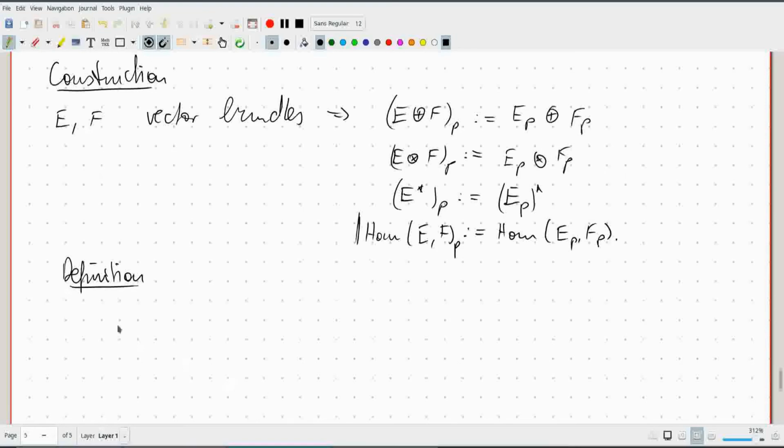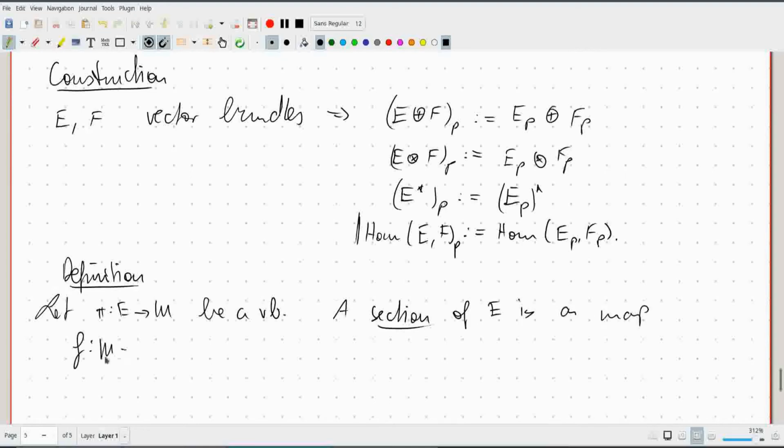Sort of objects that inhabit those vector bundles. Let pi: E to M be a vector bundle; a section of E is a map usually called s from M to E, such that pi after s is the identity on M.